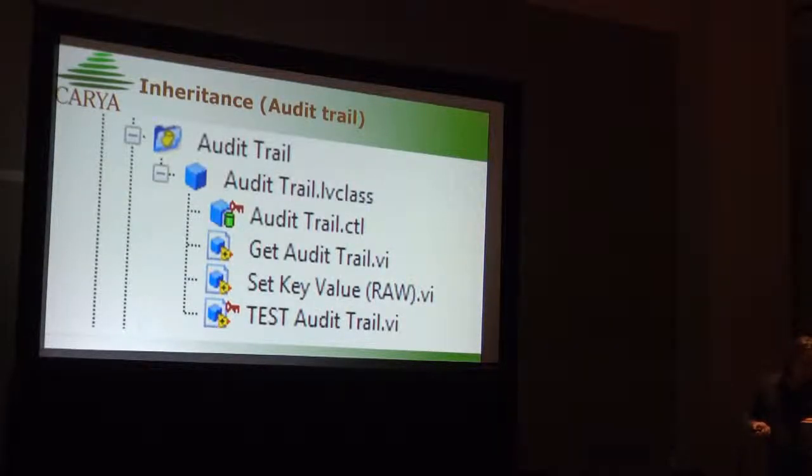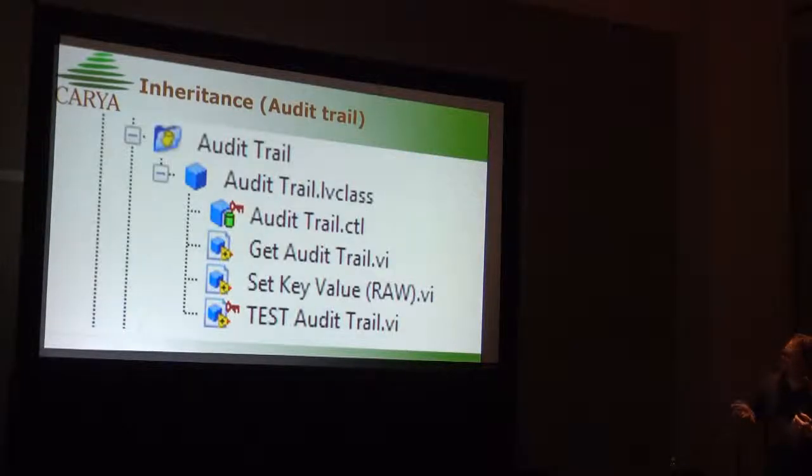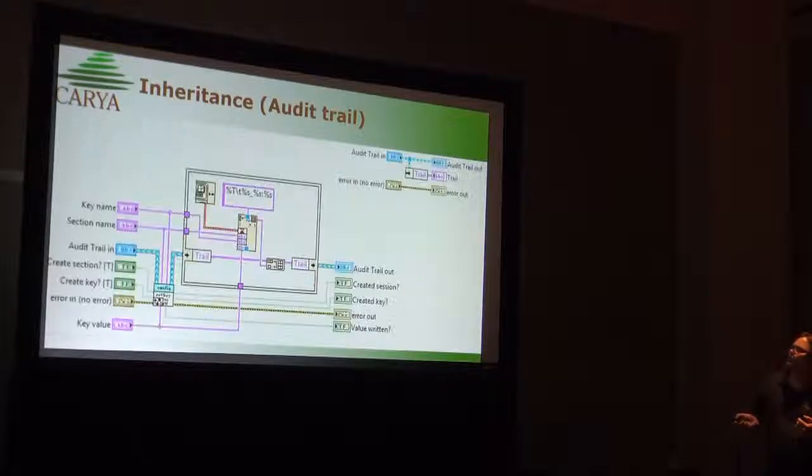Here's another one, and this one is on the high-level API that we're talking about. You make a child from the ini file, and you override the get key value VI to get the trail. It's not that complicated.